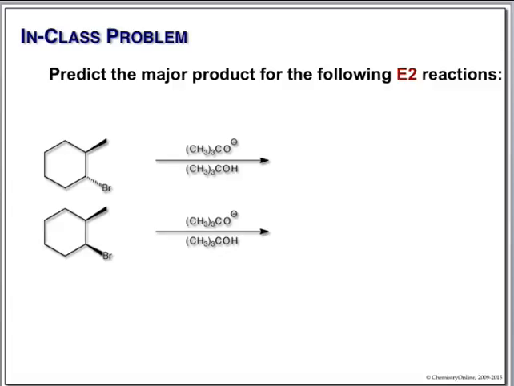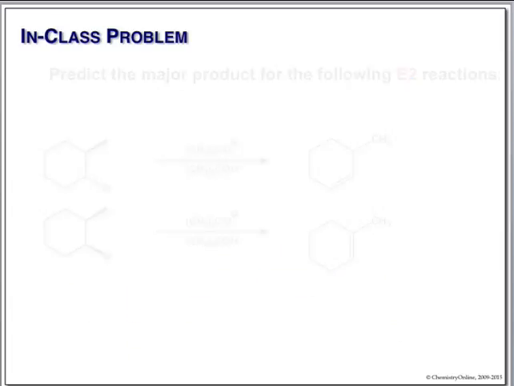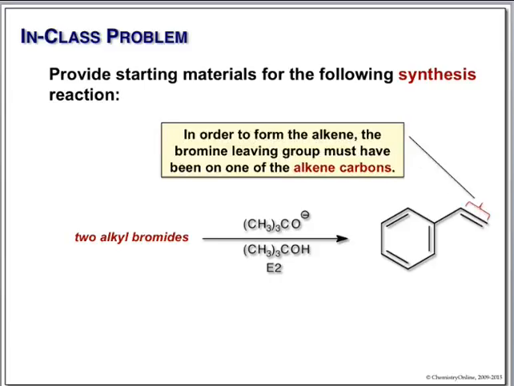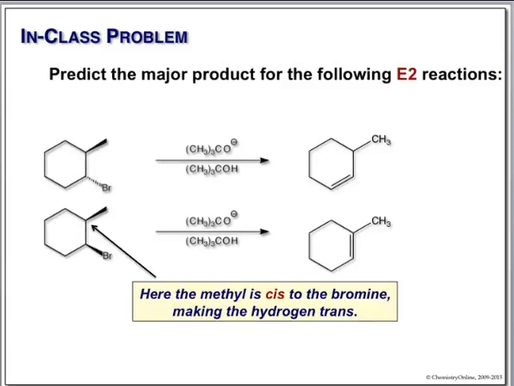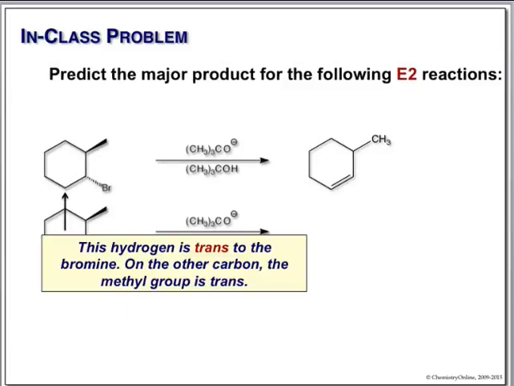Just like the argument that I made properly on the previous problem, that means that we have to pull off one of these hydrogens. This hydrogen is trans. Methyl group is trans up here. Therefore, this, just like on the previous problem, is what you're going to form.